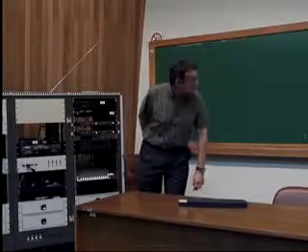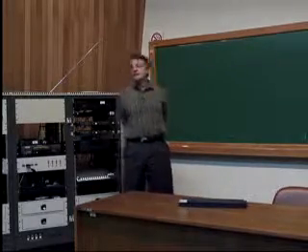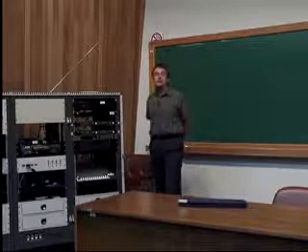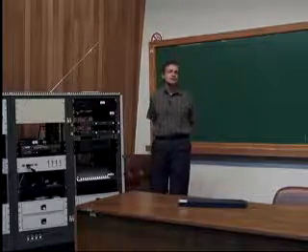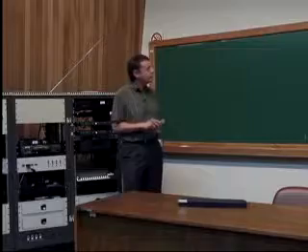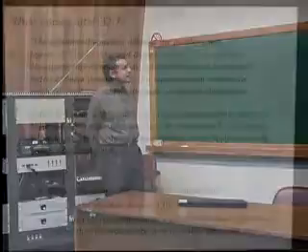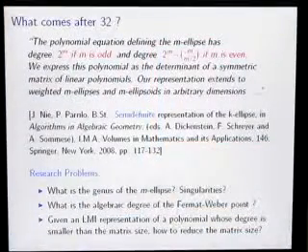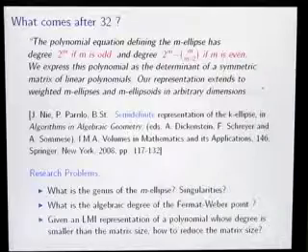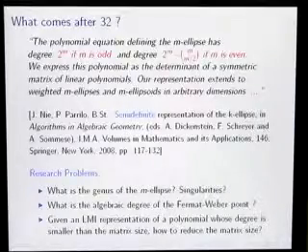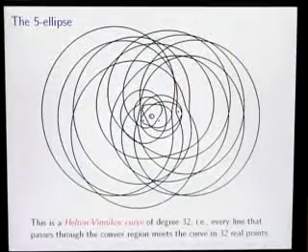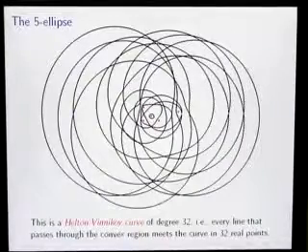Now for the students, there are still lots and lots of questions even about the ellipse. The ellipse, of course, is a fairly simple object, but there are quite a few things I don't know. So for instance, I don't know what the genus of the m-ellipse is. What's the structure of the singularities? Now if you look at these pictures, there are some visible real singularities.